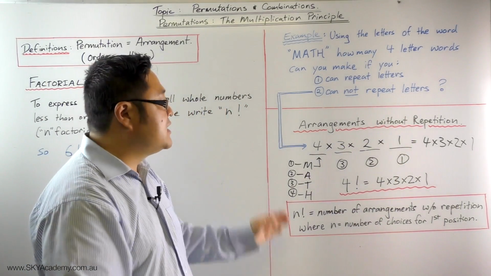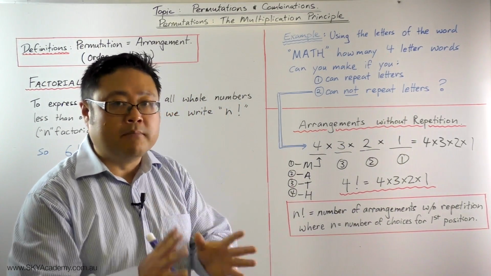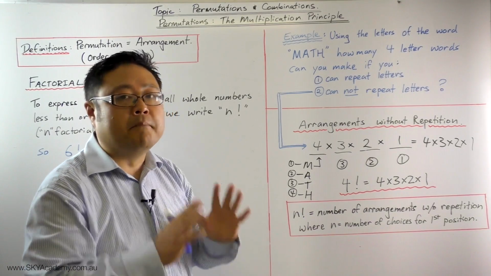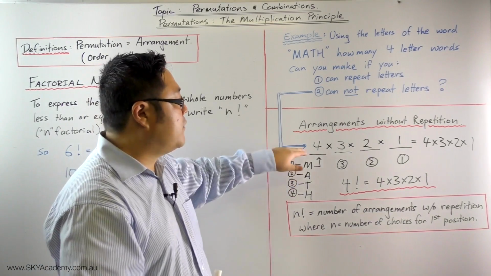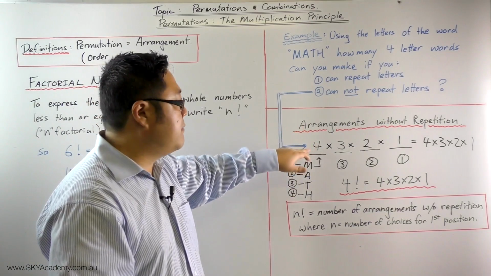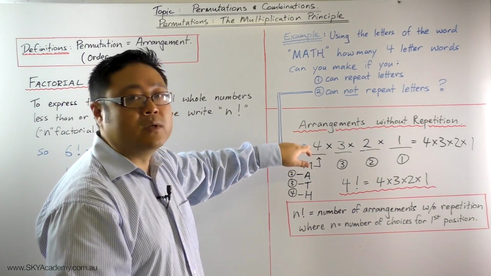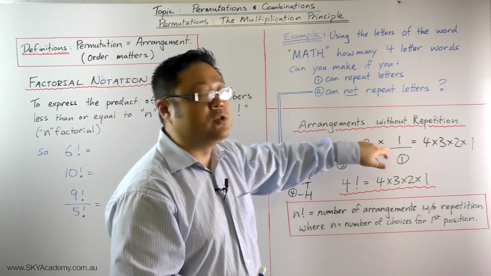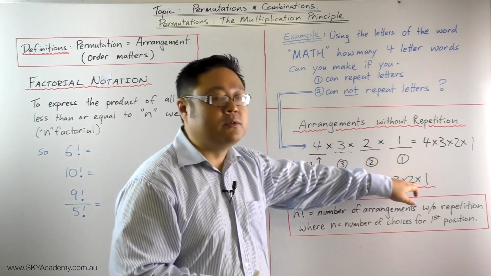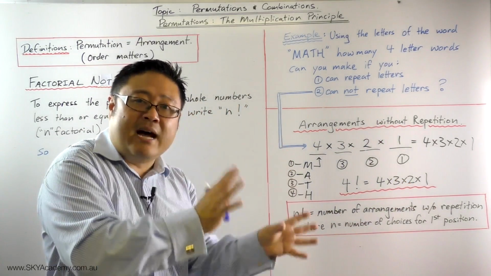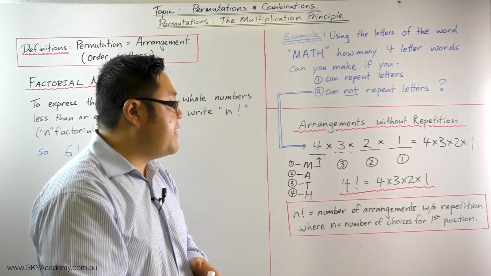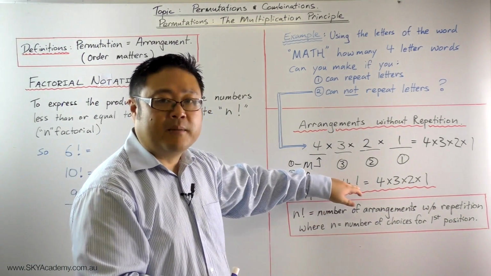Does that make sense? Using the multiplication principle, you end up with the product of all the whole numbers less than 4, starting with 4. So 4 times 3 times 2 times 1. That can be written another way, and that is 4 with a little exclamation mark.